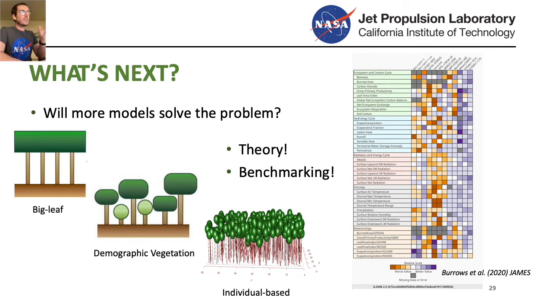We also need individual-based models so we can ask questions about how these big-leaf models are doing something wrong. But now there's also a huge investment in demography vegetation models, with ED2 and FATES being coupled into CLM. So maybe with new theory or new ways to see structure and modeling, we might come up with a better answer.